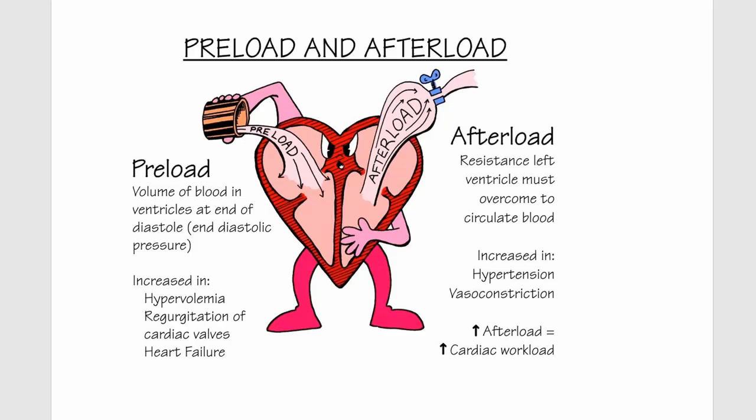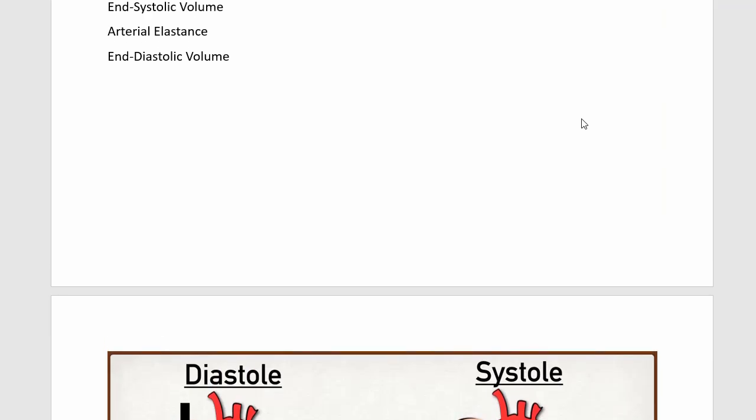It's related to ventricular filling, as it refers to the initial stretching of the cardiac myocytes just prior to contraction. Afterload is the resistance the left ventricle then must overcome to pump blood out. So afterload is measured by estimating the mean arterial pressure. So that gives us our answer.